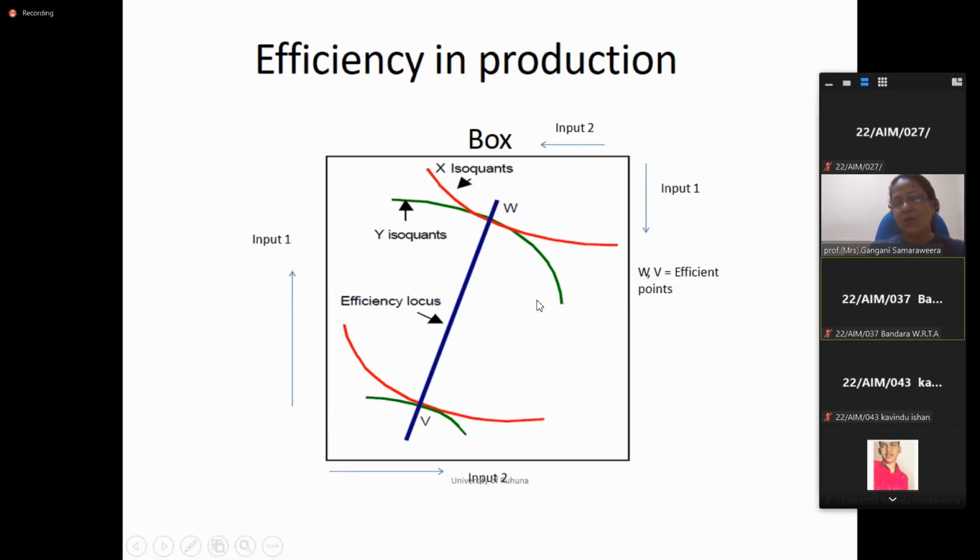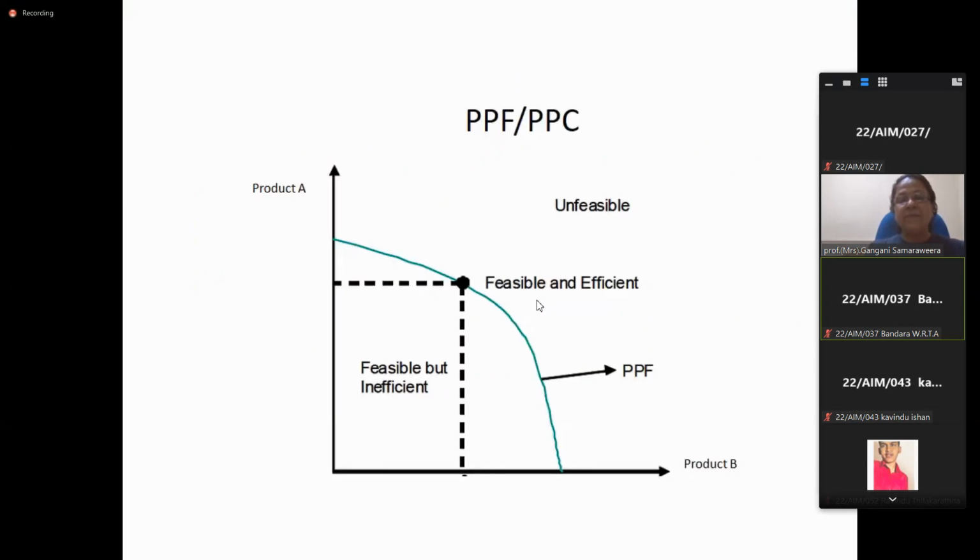Yes, madam. Okay. Then inside, it's feasible because inputs are there. But are they efficient? No. Why? Because we draw this line after combining the efficient points only.